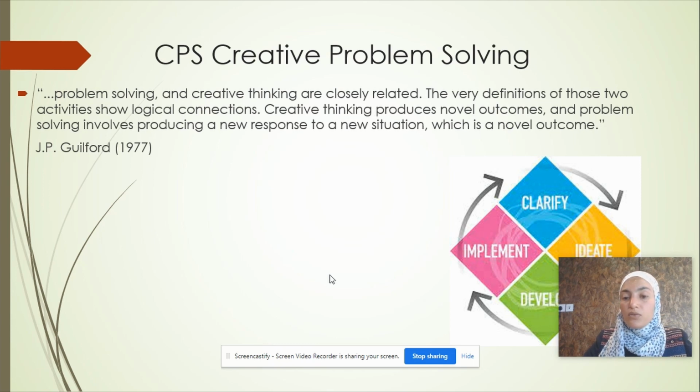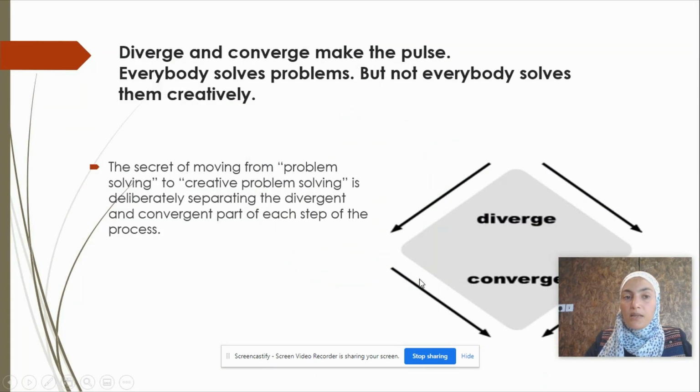So they are connected. And for creative problem solving, we will discuss together four processes: clarify, ideate, develop, and implement. We'll discuss each step alone.